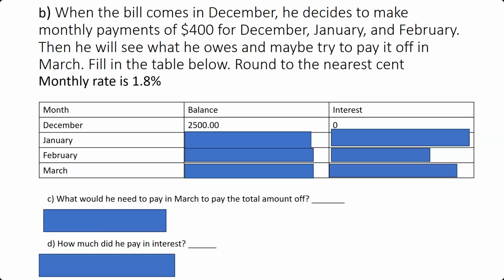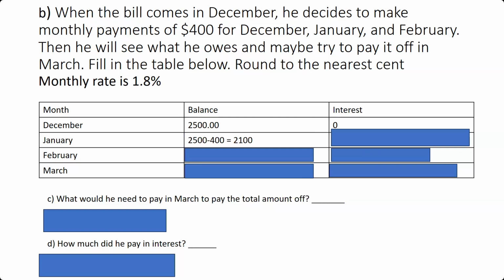If you paid the $2,500 off, you wouldn't owe any interest. So in January, when the balance comes, there would be no interest added on. The only thing that would happen is whatever payment you made, which in this case was $400, would come off. So it would be $2,500 minus the $400. The interest is zero, so we didn't need to add it.